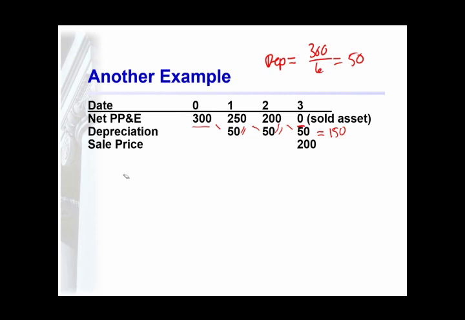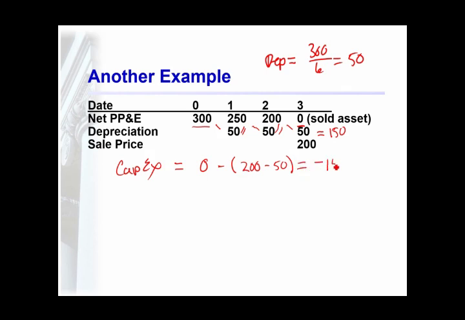If we were to compute the capital expenditure based upon this, the capital expenditure on the books would appear to be net property, plant, and equipment at the end of year 3, 0, minus what we should have had based upon end of year 2 property, plant, and equipment, minus what was depreciated in year 3.